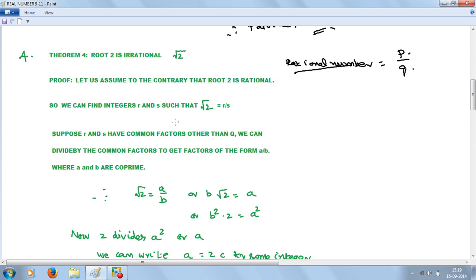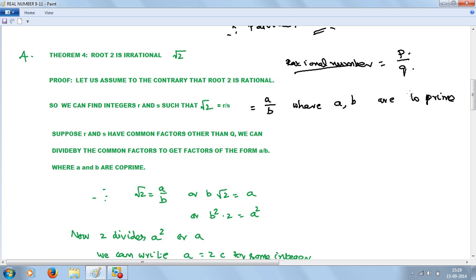If root 2 is rational, we can find two integers r and s such that root 2 is equal to r by s, both are integers. The common factors we will divide, so root 2 will take the form of a by b, where a, b are co-prime.